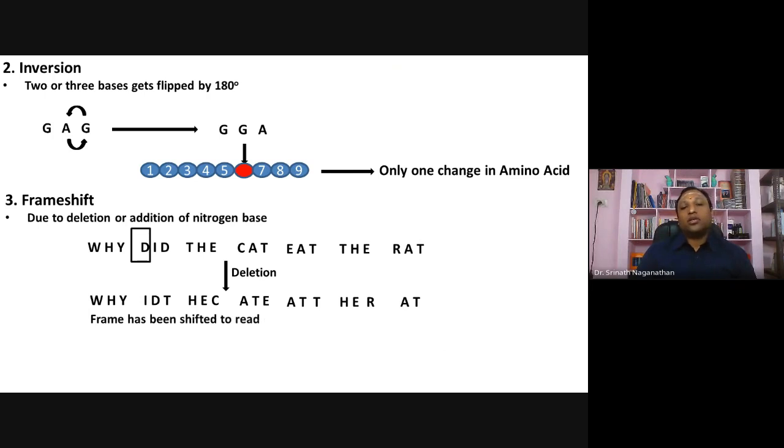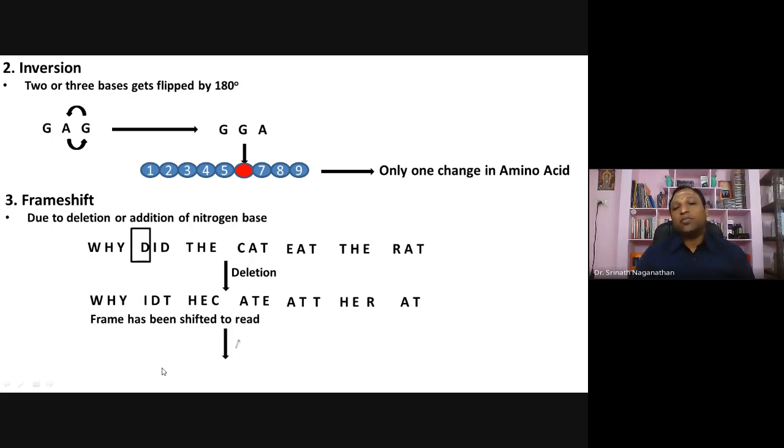So the frame has been shifted. Since we know that only triplet codons are read, three bases at a time, since one deletion of a base is taking place, all the frames are shifted, the reading also changes, and the products also change, that is, the protein or the enzymes which have to be produced also change in this particular case.